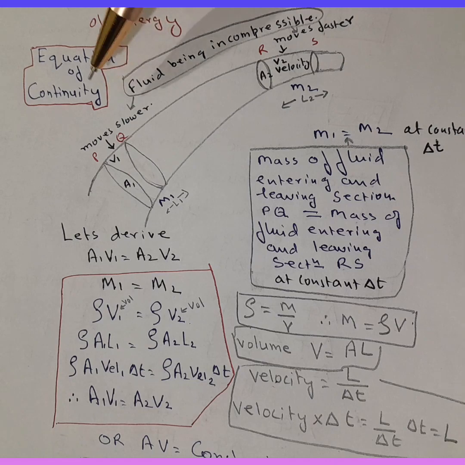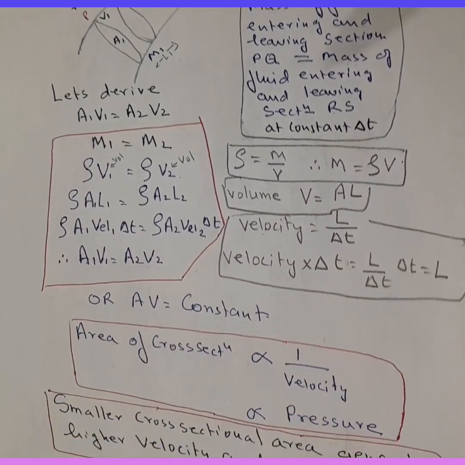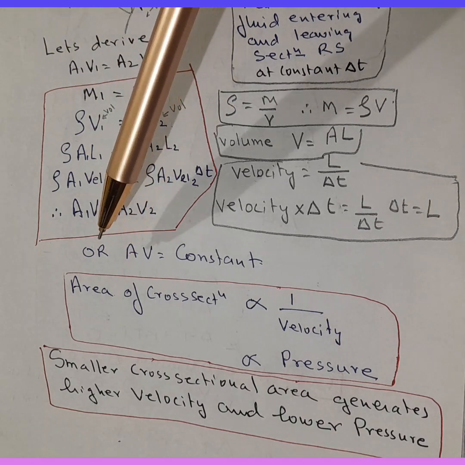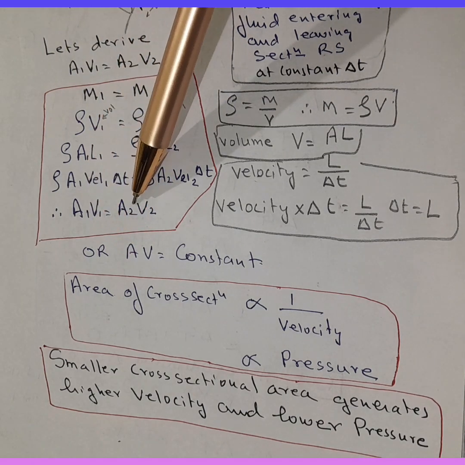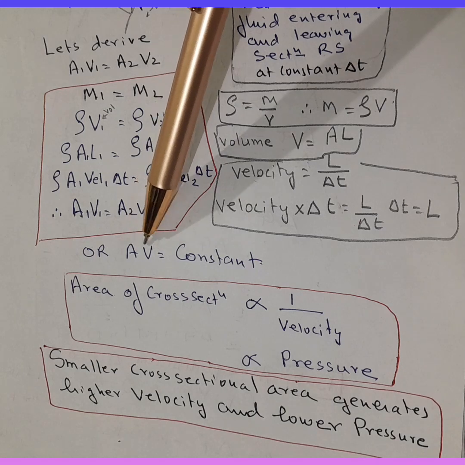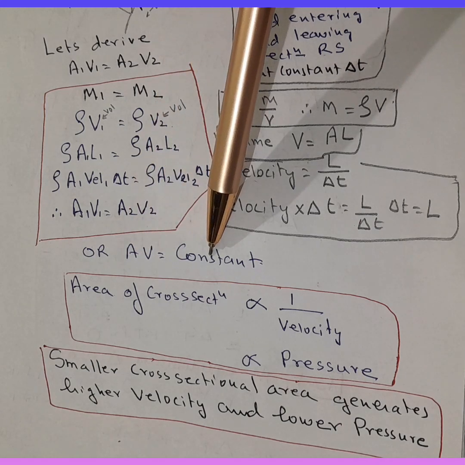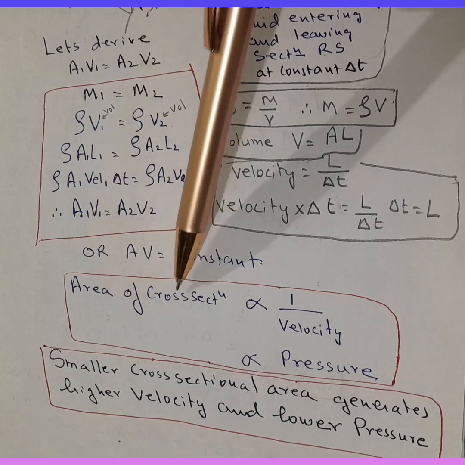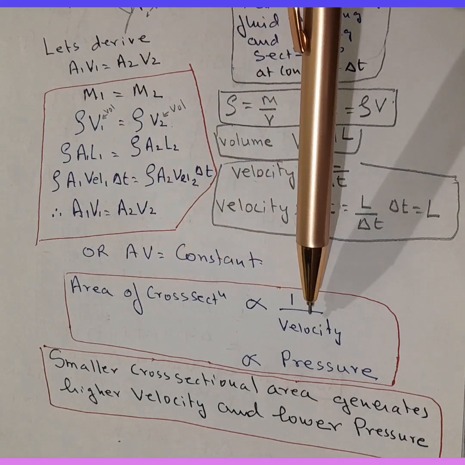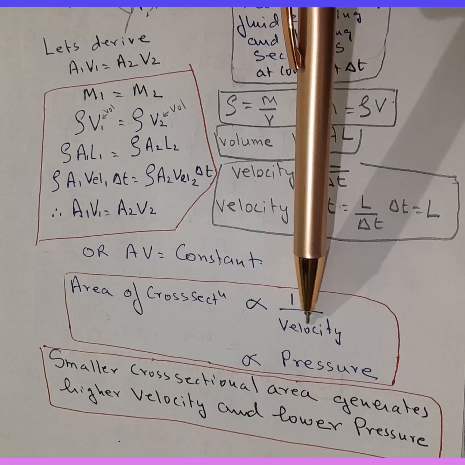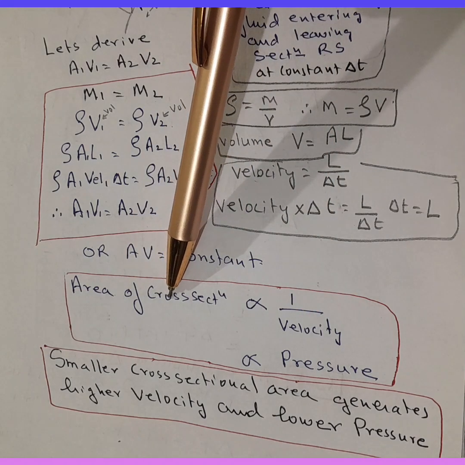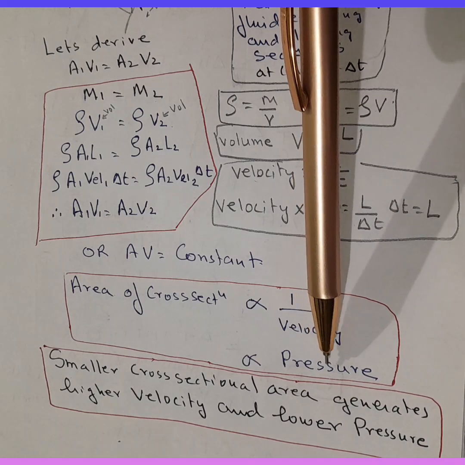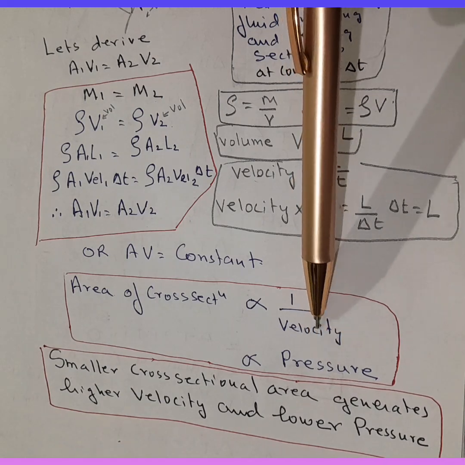All right. So the equation of continuity, or we can say A1 V1 is equal to A2 V2, or AV is constant. So this itself proves that area of cross section is inversely proportional to velocity, and velocity and pressure are inversely proportional.